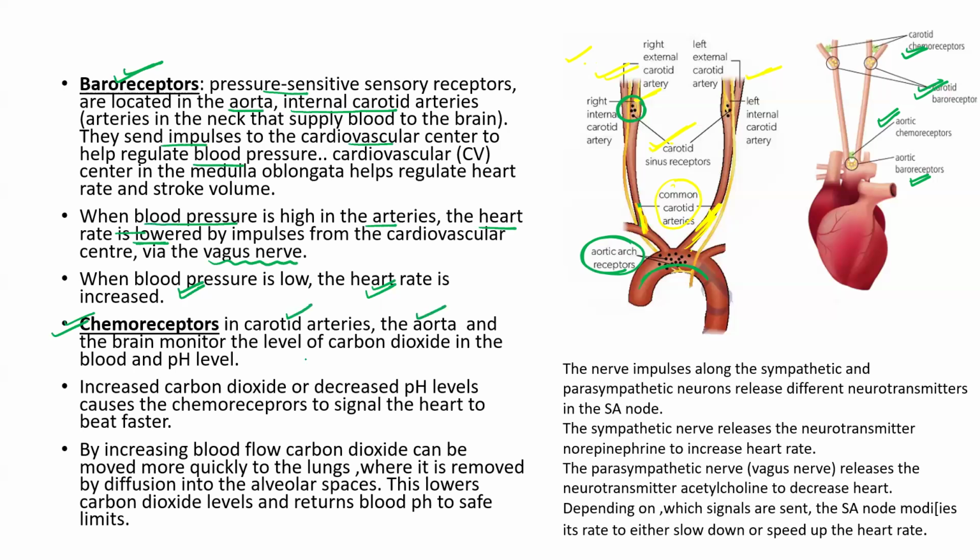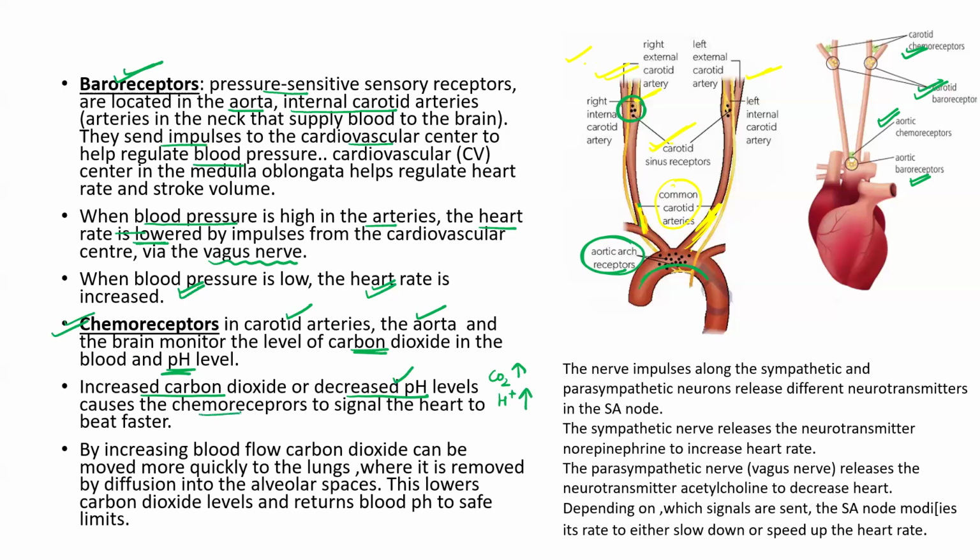the aorta. Their work is to monitor pH level and carbon dioxide level. If carbon dioxide is increasing, it means pH is decreasing. Why am I saying pH is decreasing? Because proton concentration is increasing. If carbon dioxide is high, proton concentration is also high. It means pH is decreased.